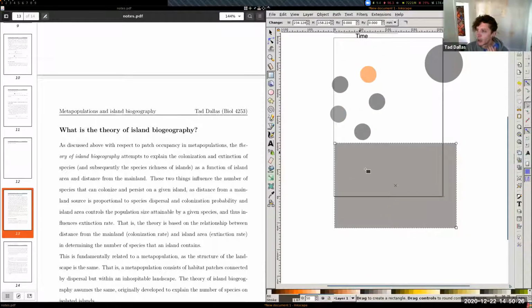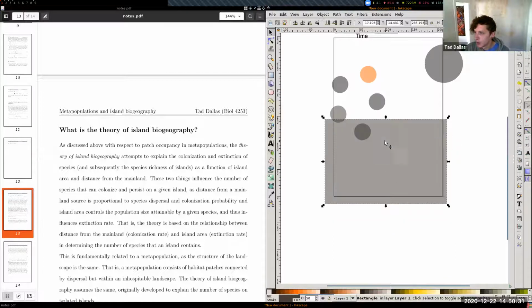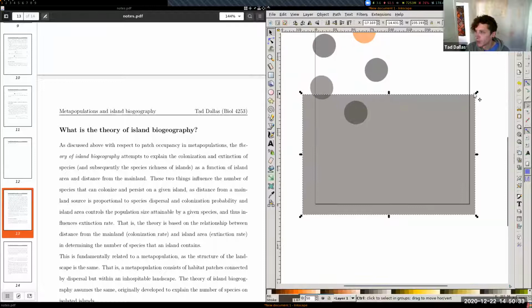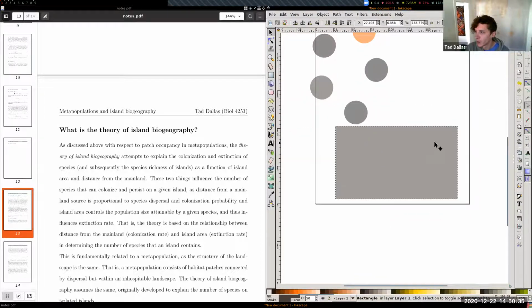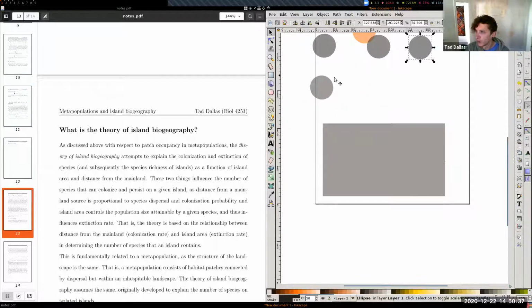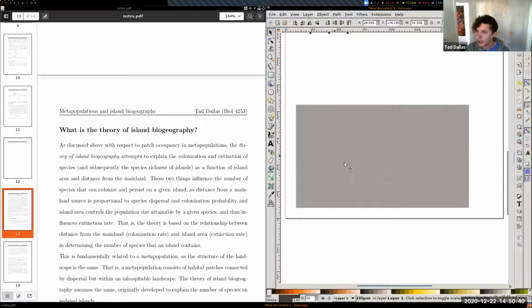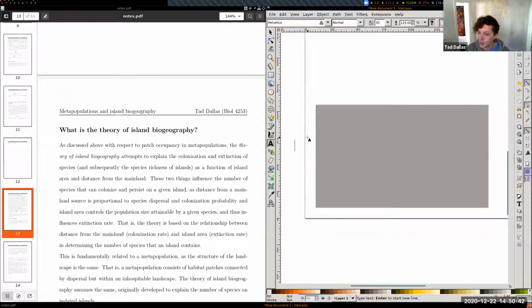And we can sketch it out in this plotting space. Where on the y-axis we have the rate, where rate corresponds to either immigration or extinction.